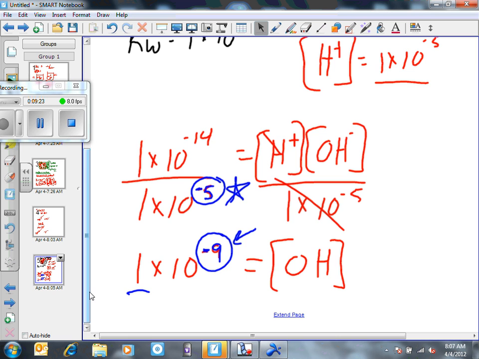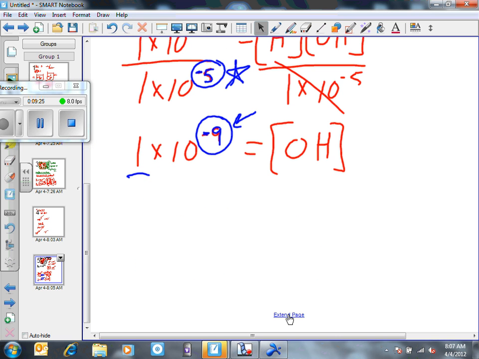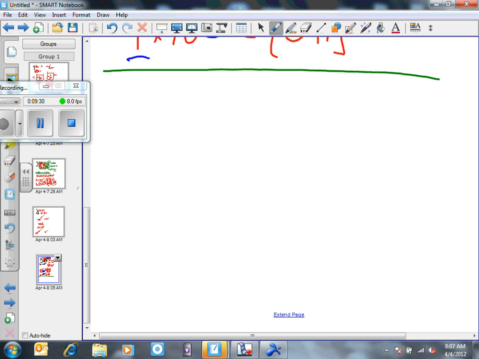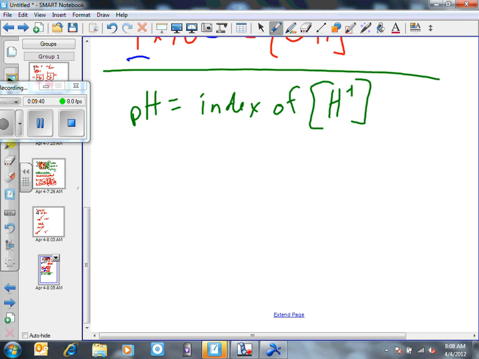Now, finally we can talk about our pH. And pH is an index of hydrogen ions. So pH equals the negative log of the hydrogen ion concentration.